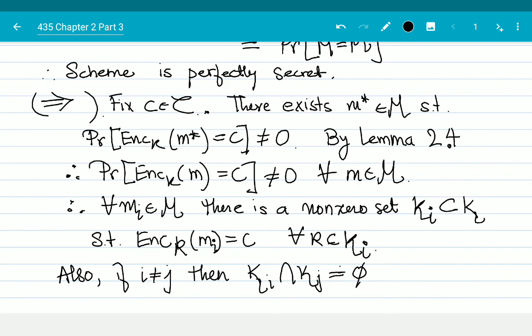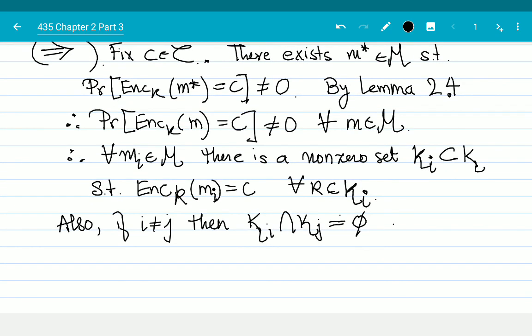Otherwise correctness fails. Why? Because if the intersection is non-empty, suppose there is some K, then encryption under K of m1 is equal to encryption under K of m2 is equal to c. And you had an exercise last time which said that if that happens, then m1 has to be equal to m2, right?